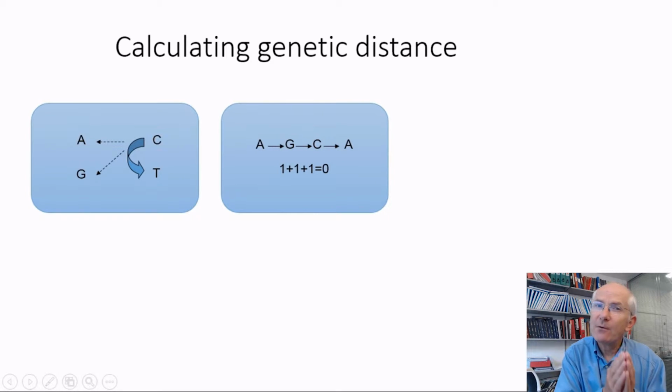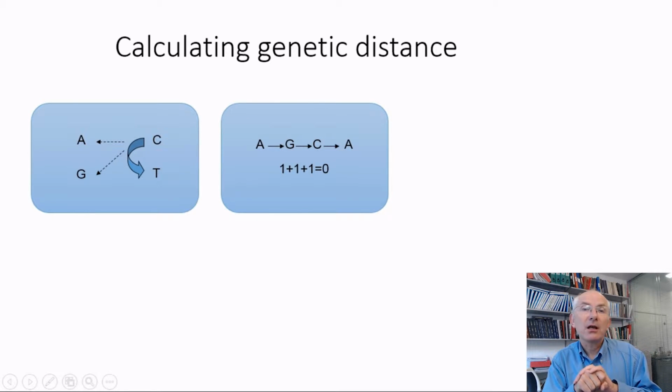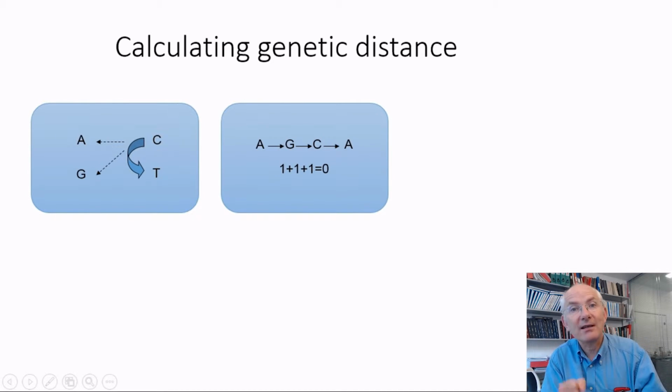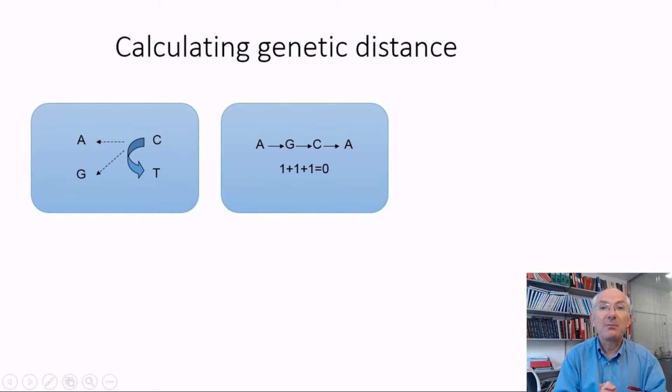Then, because there's only four nucleotides that can exist at each position, if the mutation rate goes up to a certain level where a position can be hit more than once by a mutation, it's possible for us to start underestimating the number of mutations that have taken place between two different organisms, because a sequence can have previously been, for example, A, mutated to G, mutated again to C, and mutated again back to A. So there have been actually three different mutation events at that position, but it looks like there have been none.